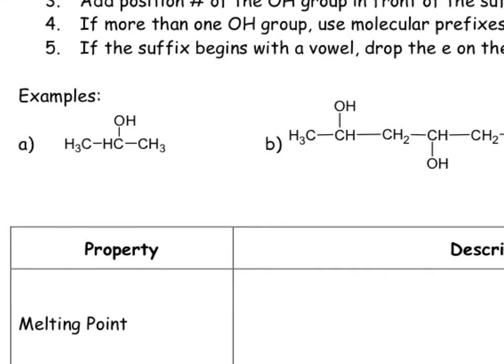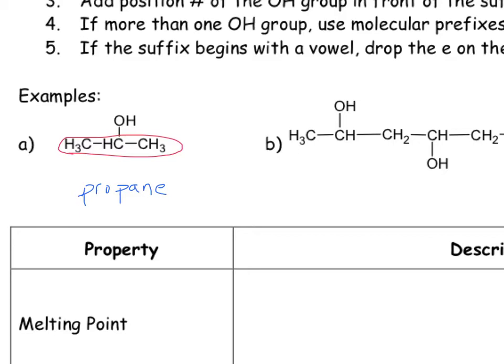The parent chain on molecule A is the three carbons going horizontally across the page. That corresponds to a prop- root, and they are bonded together with single bonds. So this would be propane in the alkane family.